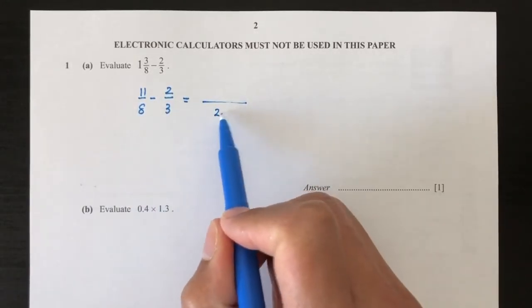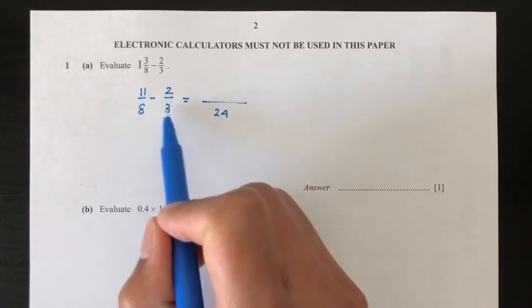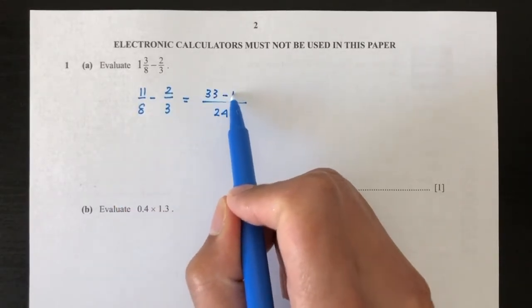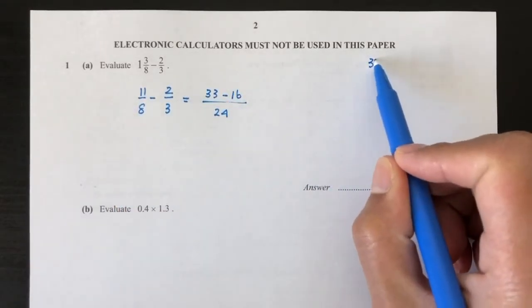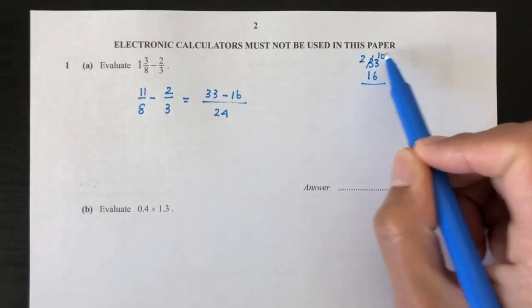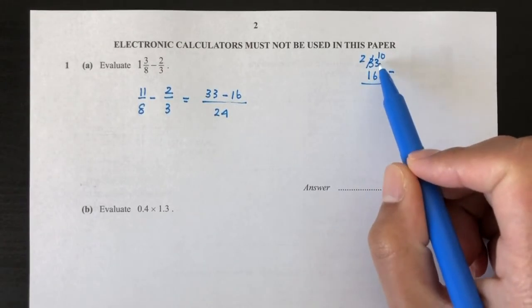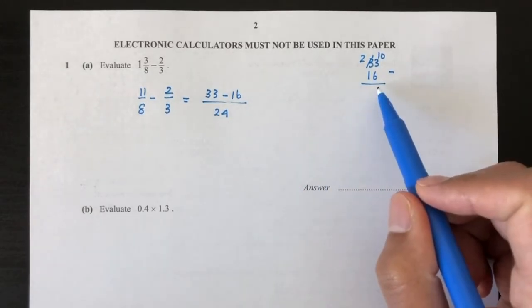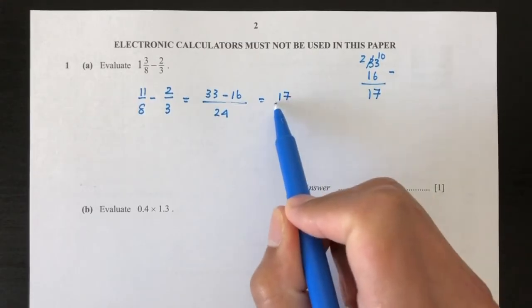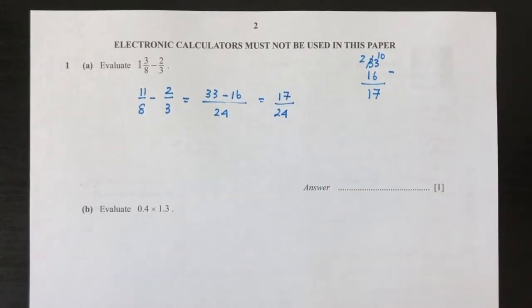You will have 24, and then cross multiply. You will have 3 times 11 is 33, minus 16. Now what is 33 minus 16? That will be 17. So your answer is 17/24 for part A.